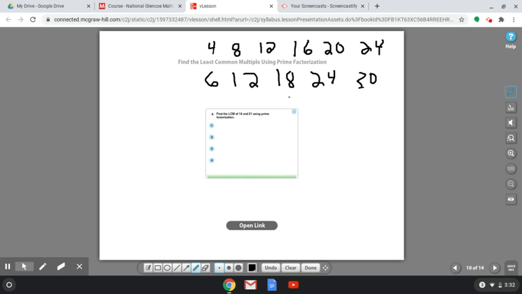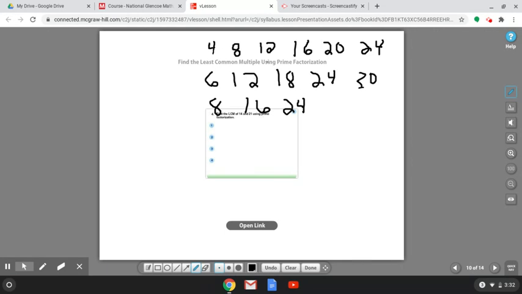And then if we list the multiples of 8, you got 8, 16, 24. And I'm going to stop right there because I can already see that we have a common multiple.